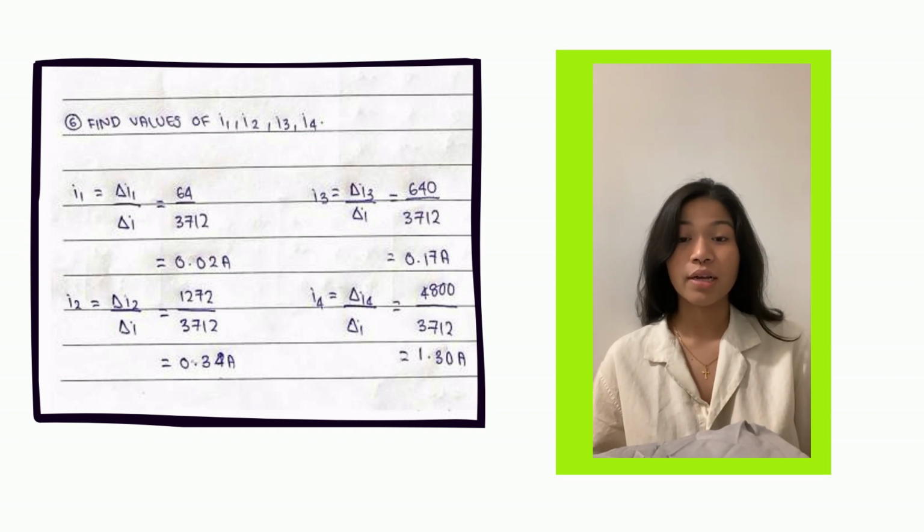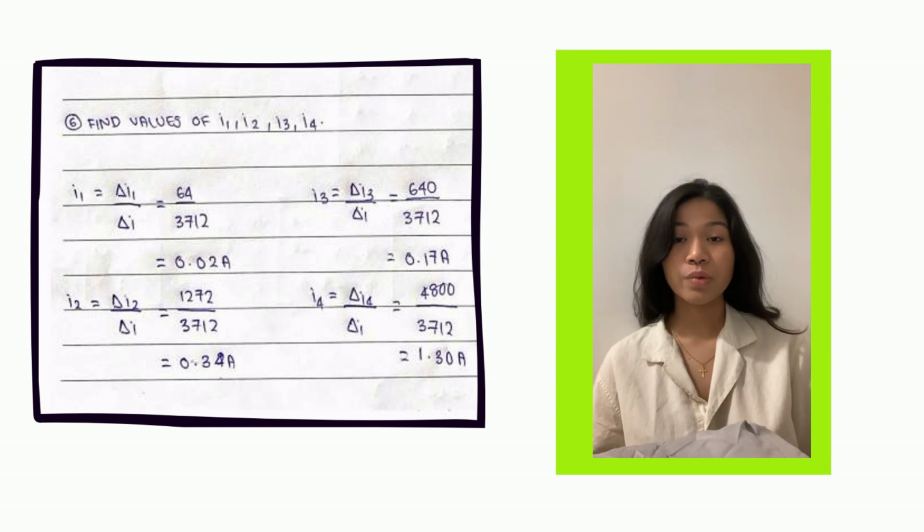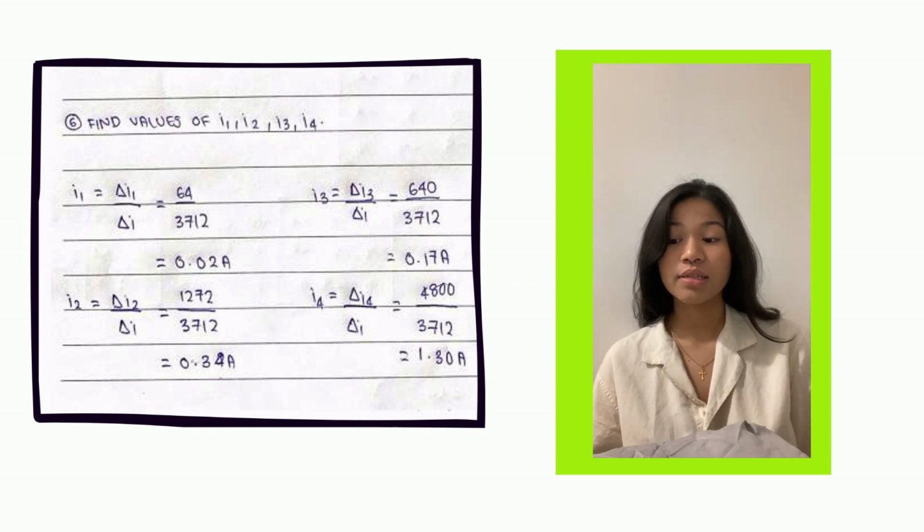For I3, the equation is 640 over 3712, which is 0.17 ampere. And lastly, the value for I4 is 4800 over 3712, which equals 1.3 ampere.